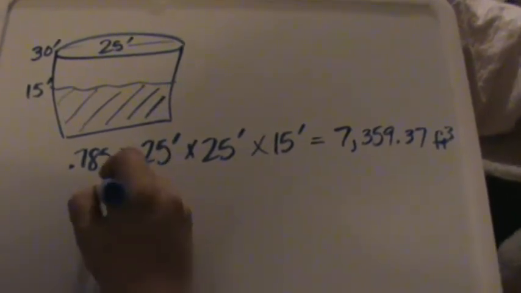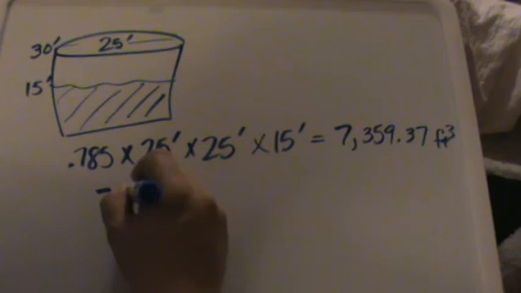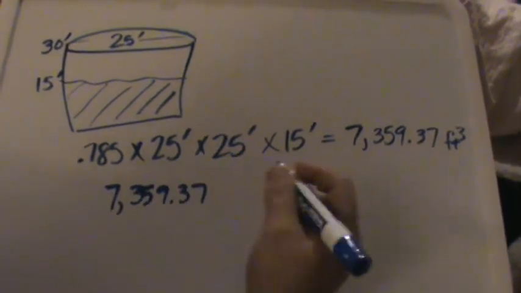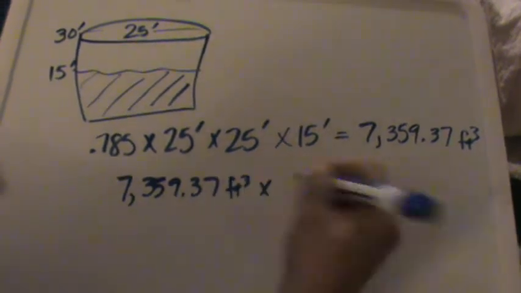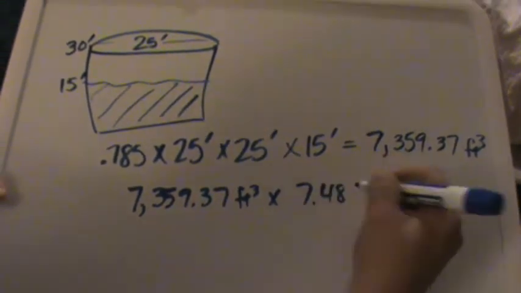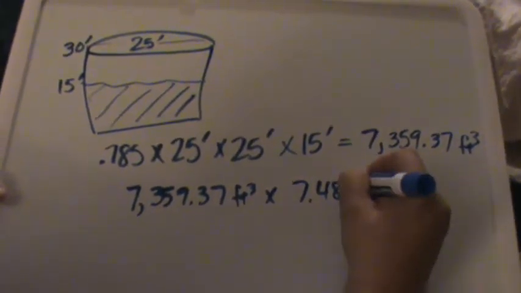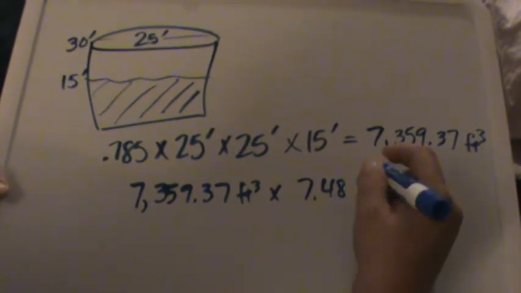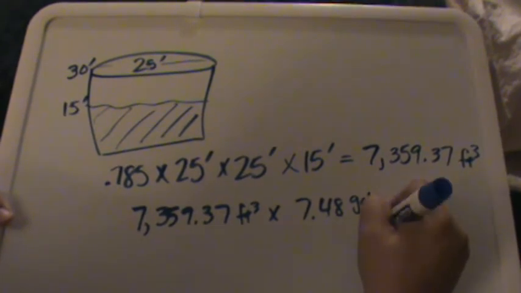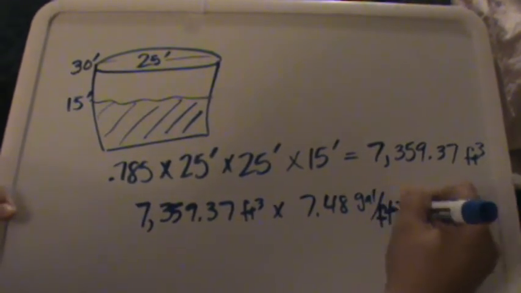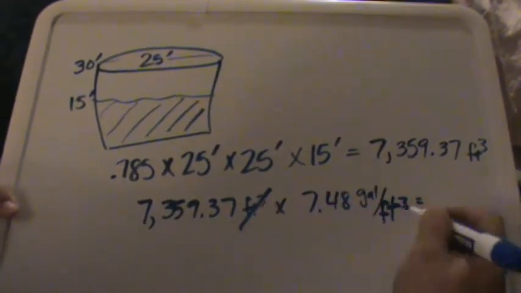So I need to take that number, 7,359.37 cubic feet, times 7.48 gallons per cubic foot, right? When I do the math, these will cancel.